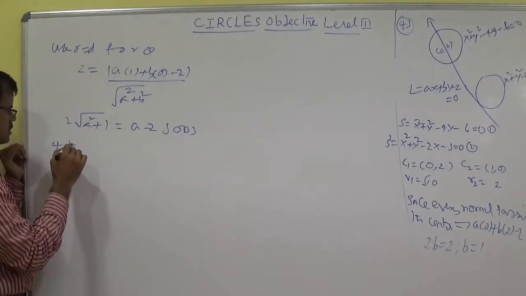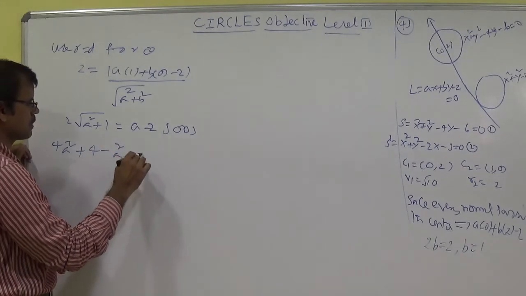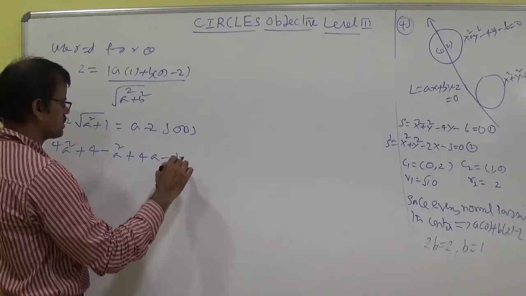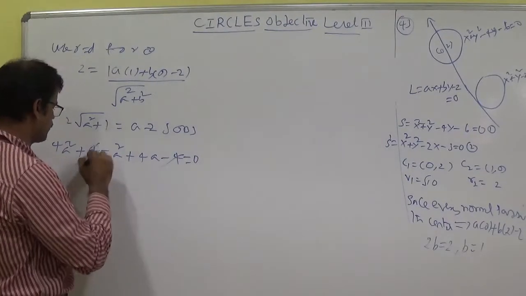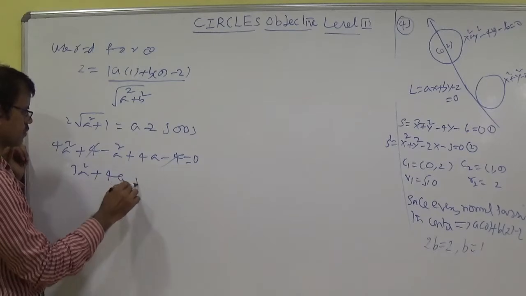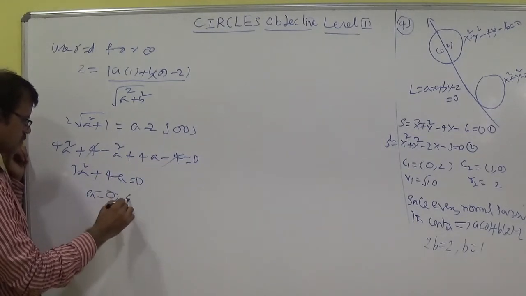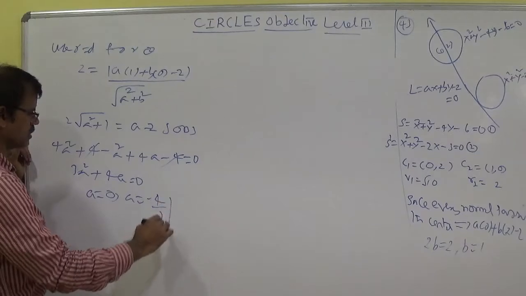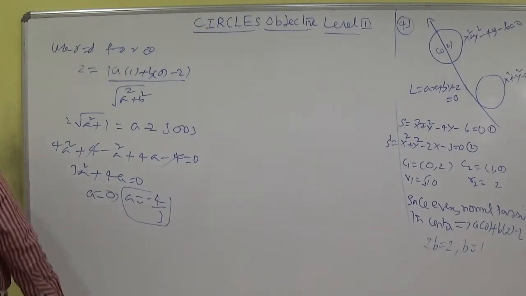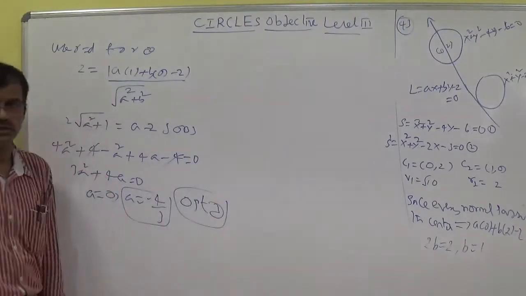Squaring on both sides, 4a square plus 4 equals a square minus 4a plus 4. So 3a square plus 4a equal to 0. Taking a common, a is equal to 0 or a is equal to minus 4 by 3. Single option we have decided: a is equal to minus 4 by 3, which is option 3.